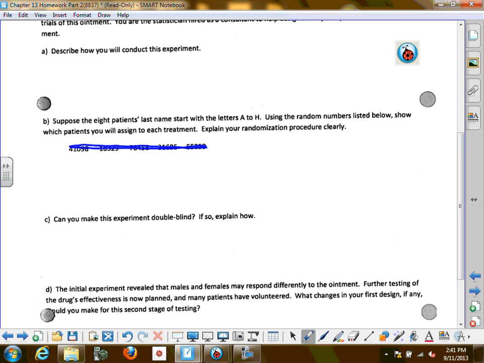And finally, I need you to take out this portion here because we skipped chapter 11 this year. I chose to do random number tables later. So instead of using the random numbers listed below, you will describe your random assignment method. I found in the past, when I started doing chapter 11 first, it is a little technical and loses people, and they're like, why are we doing this?